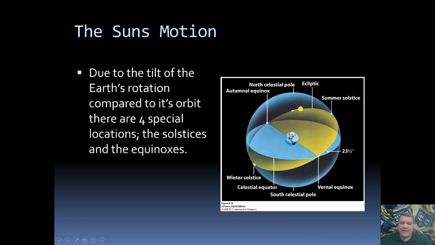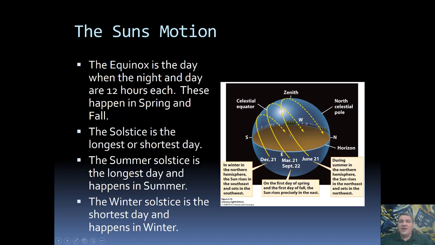We have 2 points where the sun is the farthest away from the celestial equator, and we have the 2 points where the sun is on the celestial equator. The equinoxes are the 2 points where the sun is on the celestial equator. These are the points where the ecliptic and the celestial equator meet.